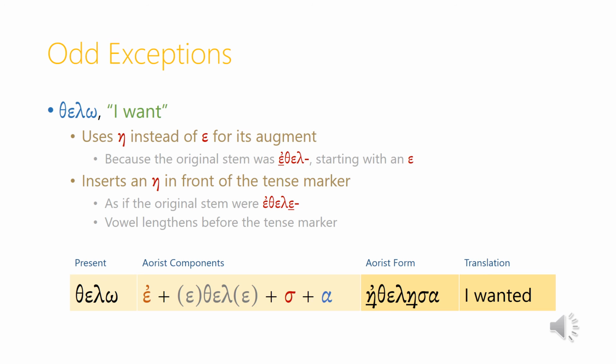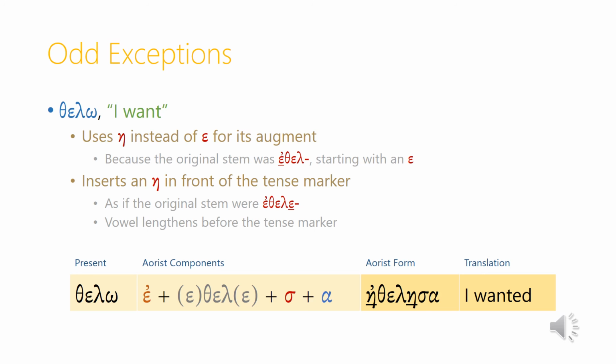One other odd exception has to do with the verb thelo, I want. Thelo uses an eta instead of an epsilon for its augment. And so instead of a form like ethelesa, we have the form ethelesa with an eta, ethelesa, I wanted.